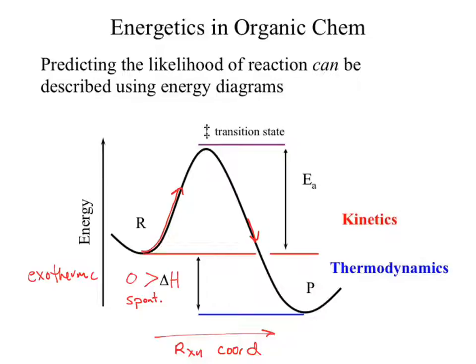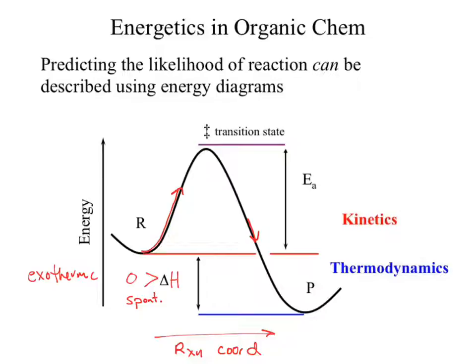For instance, combustion of wood. When I put fire, oxygen, and wood near each other, what happens? A reaction occurs. It burns. That is a spontaneous reaction. And yet, if we take another piece of organic matter, like humans, we don't see it spontaneously combusting.